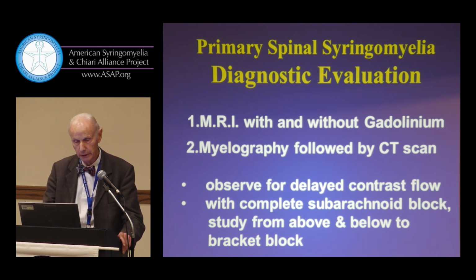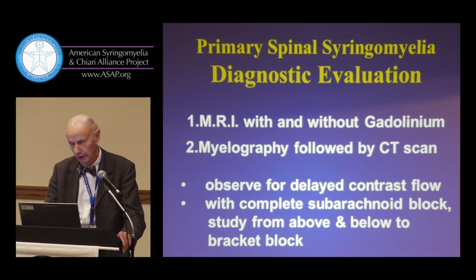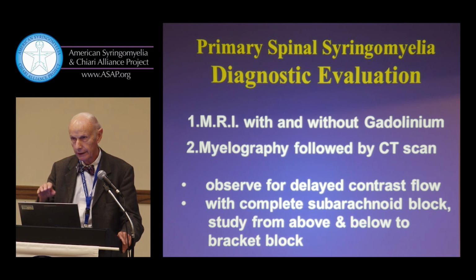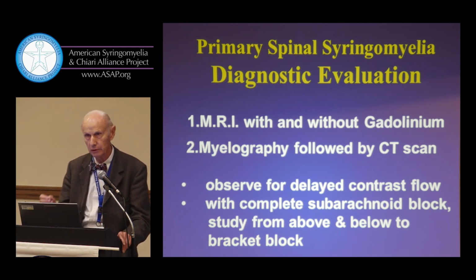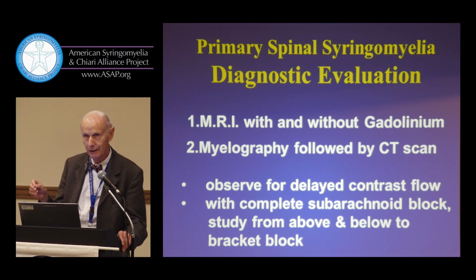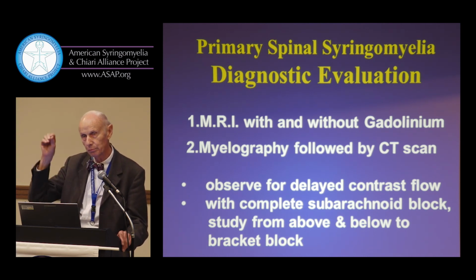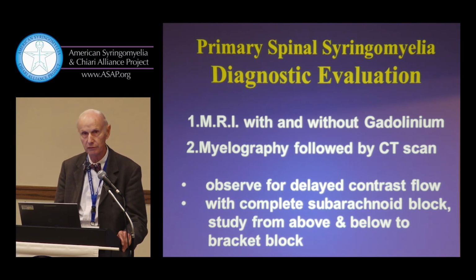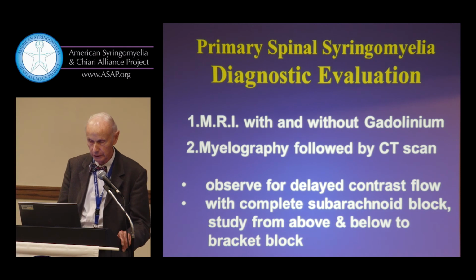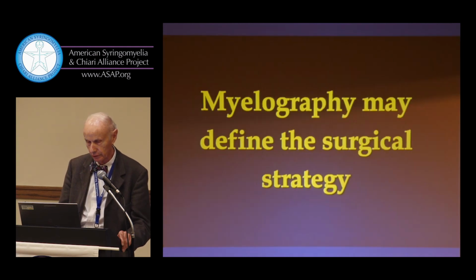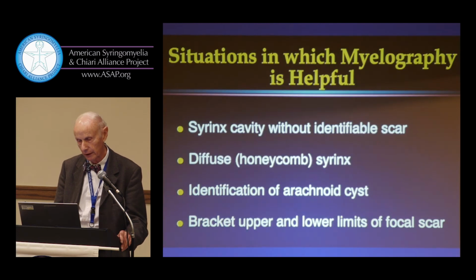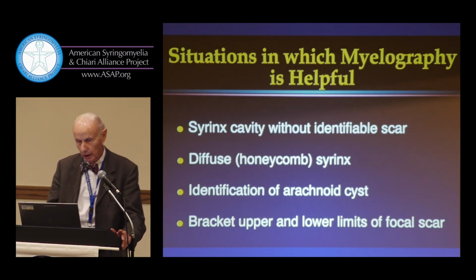But occasionally we resort to myelography followed by a CT scan so that we can observe delayed flow of contrast, and with a complete subarachnoid block we can even bracket the obstruction from both above and below, which may be very important in terms of how we proceed to treat this particular individual. And in that sense, myelography may define the surgical strategy.